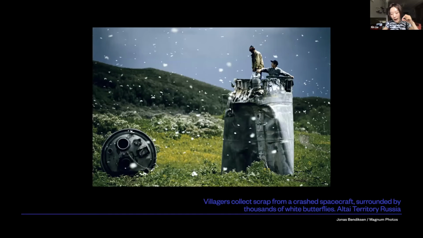And the path the rocket takes always takes into consideration where the remains of the rocket would fall. And where it falls are generally rural and remote locations.